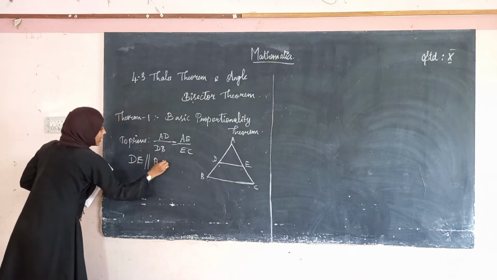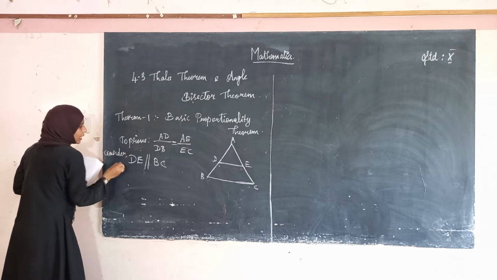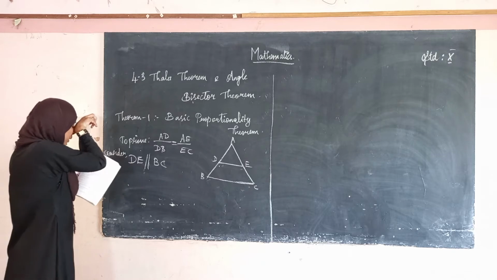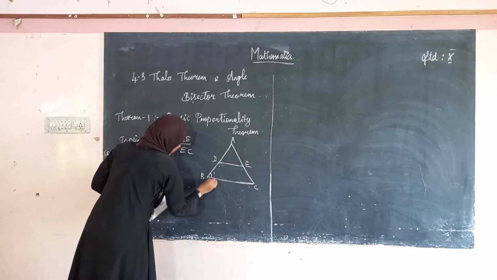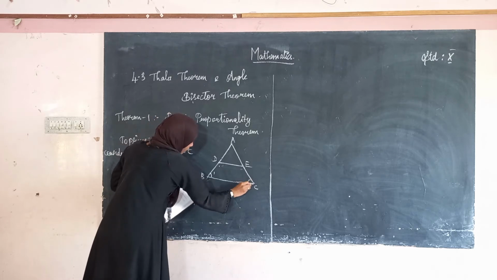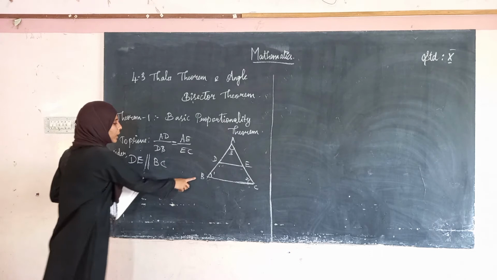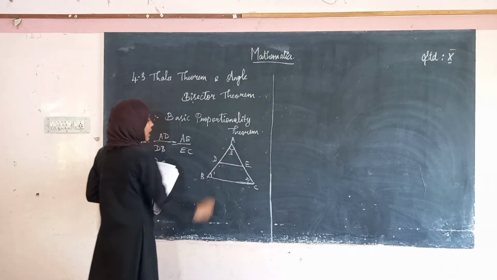So you have to write like this: consider DE parallel to BC. Then, let this be angle 1, this be angle 2 and this be angle 3 of this triangle.